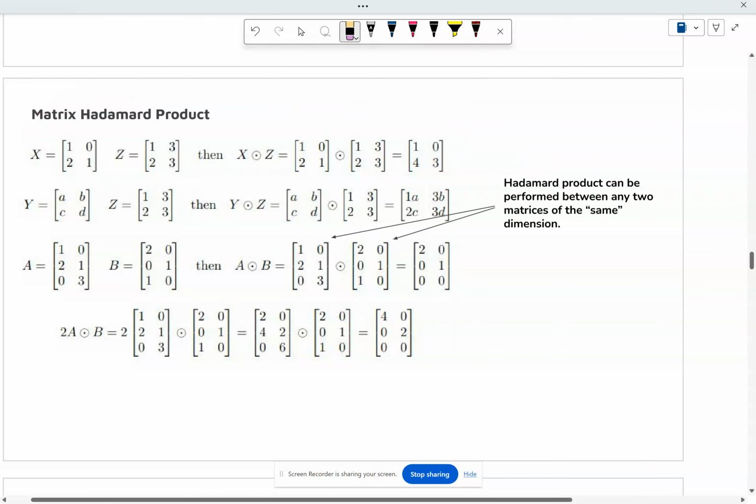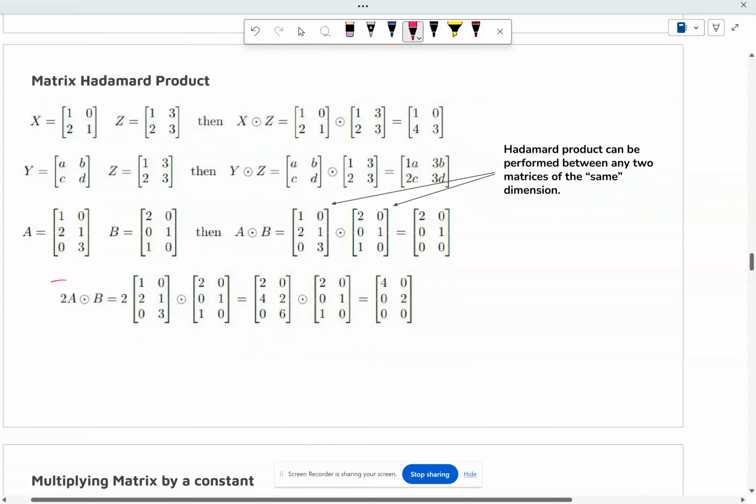However, it gets a little bit harder when we're doing other products. So over here is an example of a Hadamard product, and then multiplied by a constant. If you have a constant multiplied by a matrix, you may have guessed at this point, you simply take it and multiply by every single element.